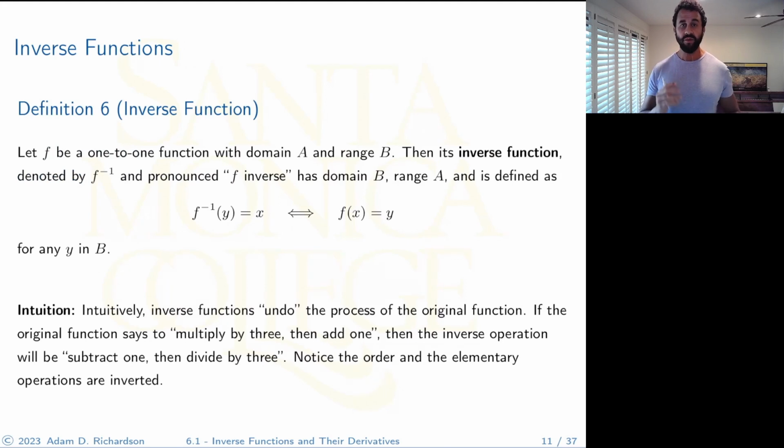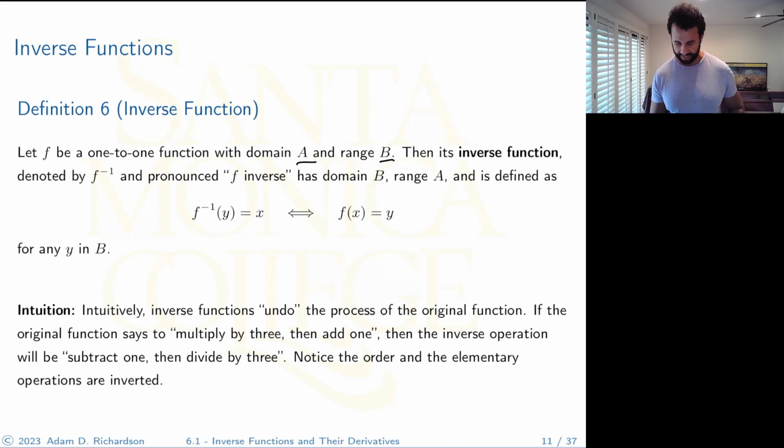All right. So now what is the definition of an inverse function? Here we go. Let's say we've got a one-to-one function, so we can actually invert it, and it has domain A and range B. Then its inverse function, which is denoted by f^-1 and pronounced f inverse, has domain B and range A, and it's defined through this equivalence relationship.